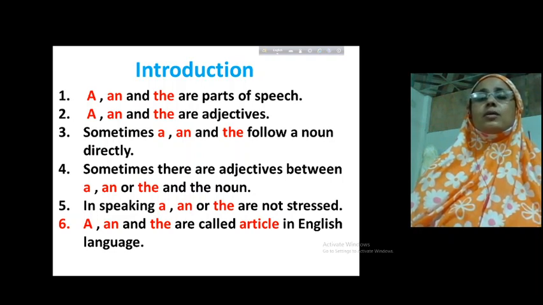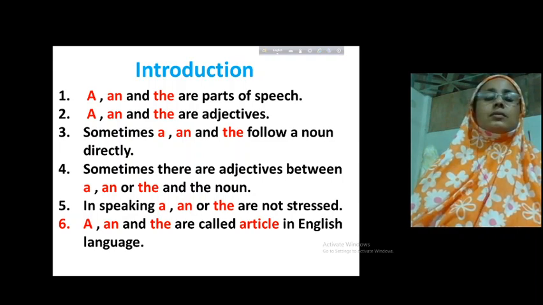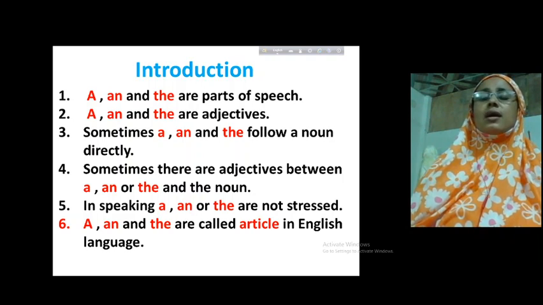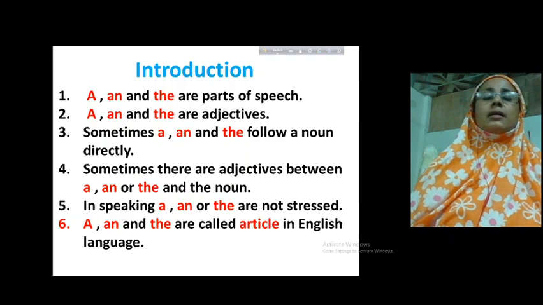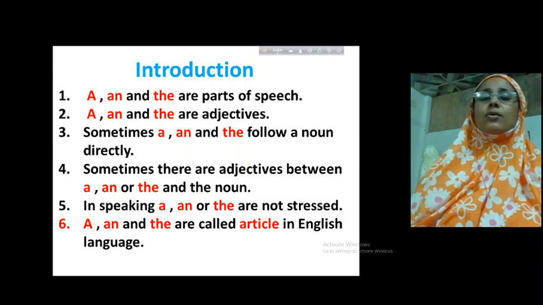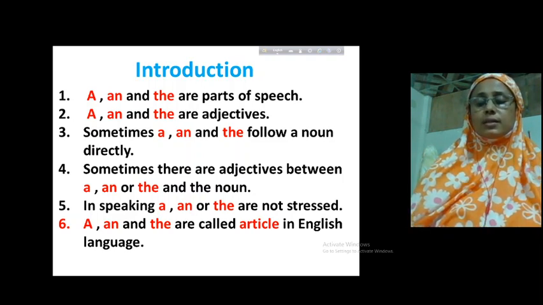Number four, sometimes there are adjectives between a, an and the and the noun. Number five, in speaking, a, an and the are not stressed. And number six, a, an and the are called articles in the English language.